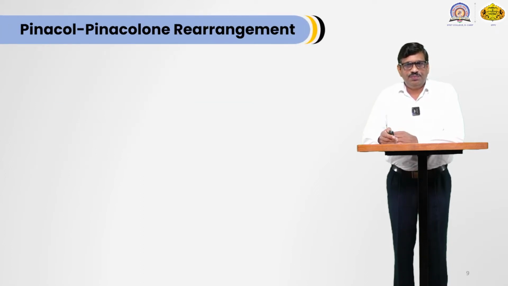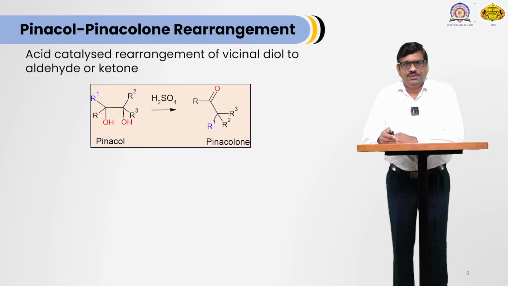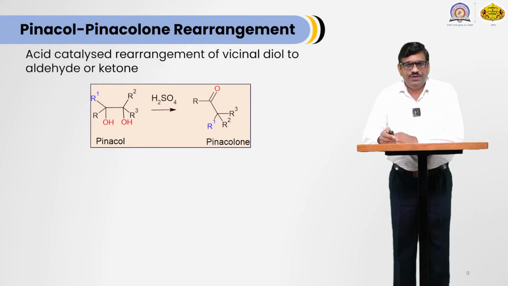Then we have also seen pinacol rearrangement. It is the rearrangement of 1,2-diol or vicinal diol in presence of acidic medium. Pinacol is a 1,2-diol or vicinal diol. When it is treated with acid catalyst, there is formation of pinacolone, and that's why it is called pinacol rearrangement.